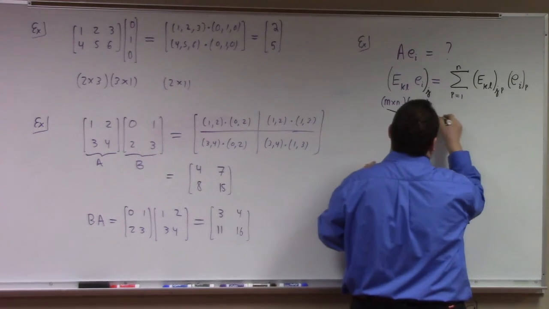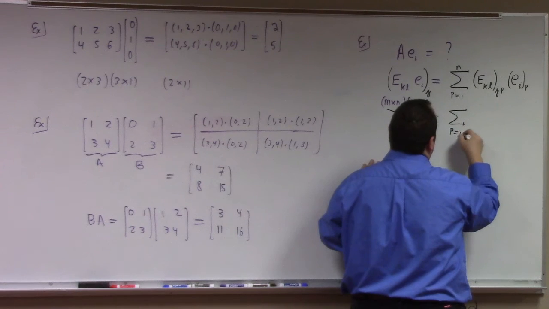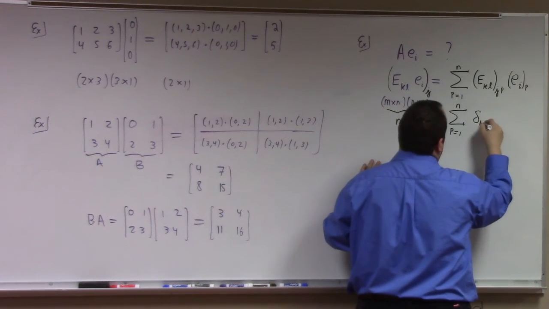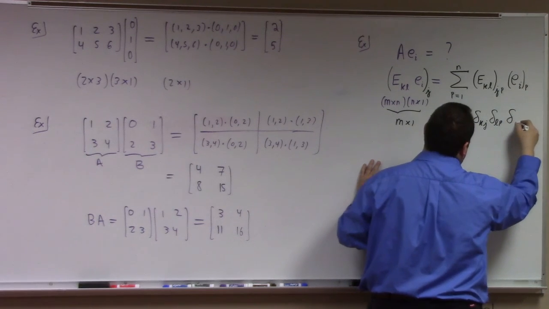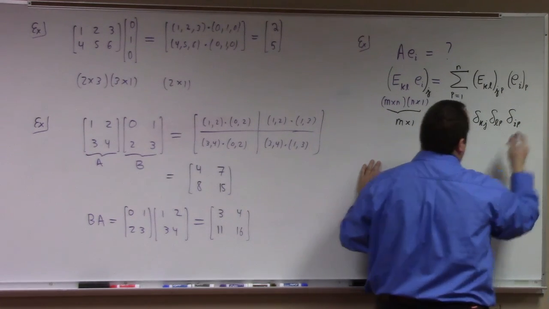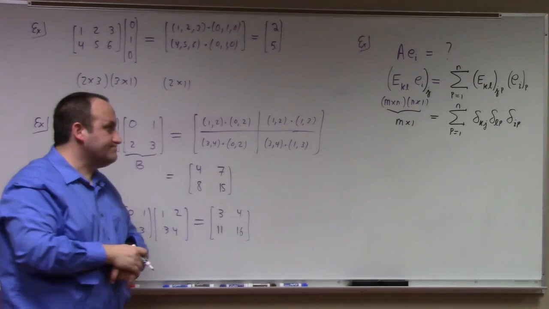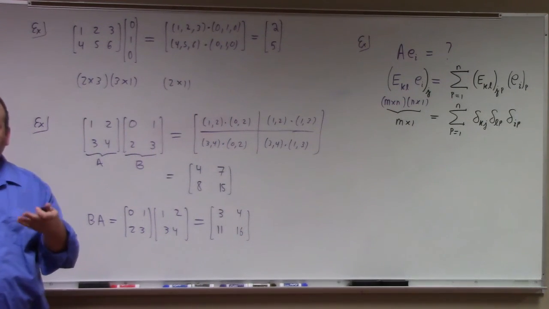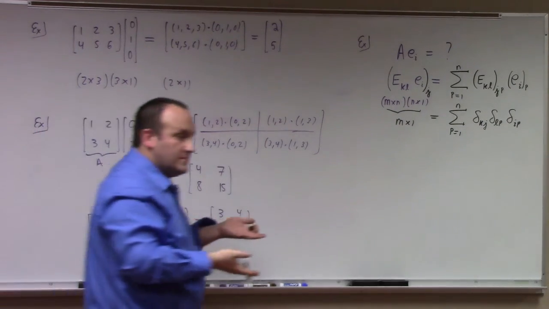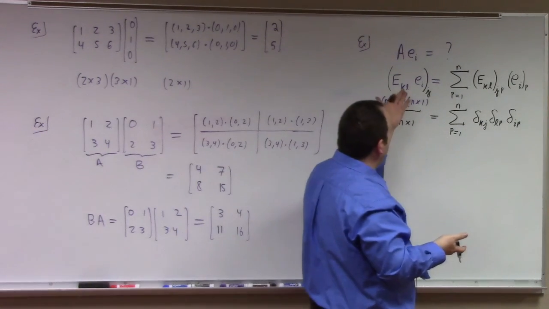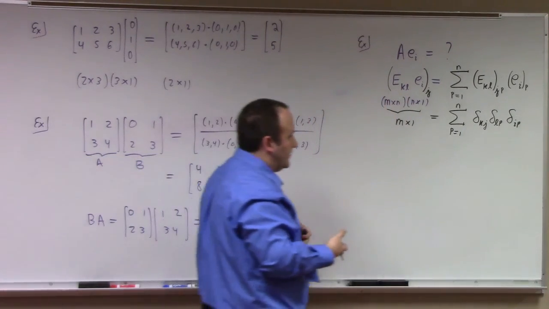Now, it's just a mess of Kronecker deltas, okay? So this is the sum p equals 1 to n of Kronecker delta Kj, Kronecker delta Lp, so many Kronecker deltas, Kronecker delta Ip. Goodness gracious. What does that simplify to? The p is a dummy variable of summation, so that should be gone. But the I, the K, the L, and the J are free but arbitrary indices which are describing what we're doing.